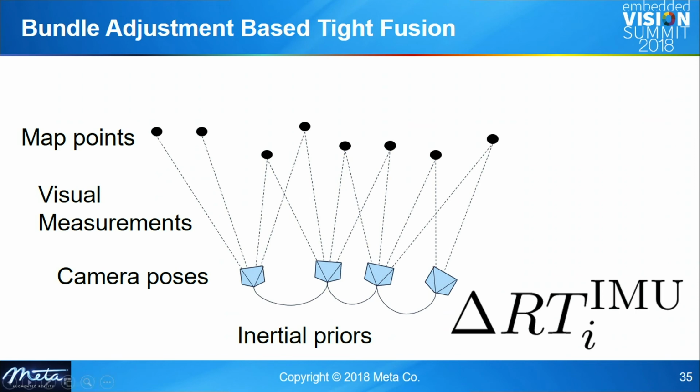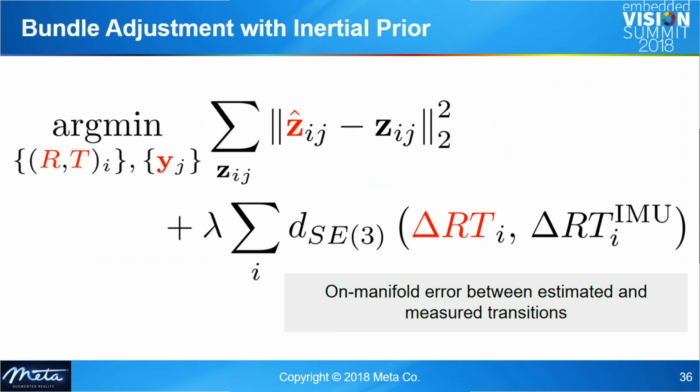Between the different poses, we not only have the observed map points as the constraints, but we have these inertial priors that we have measured with the IMU. So this is the third equation out of the three.